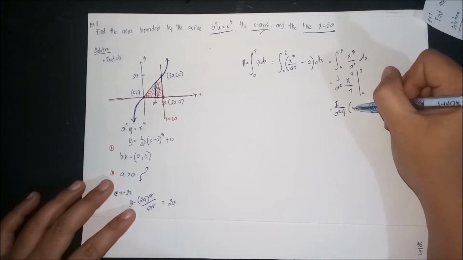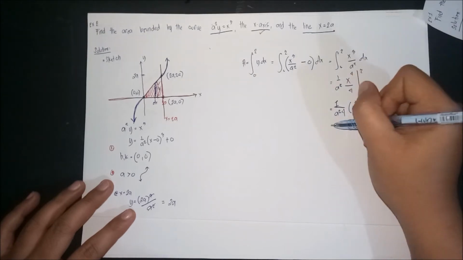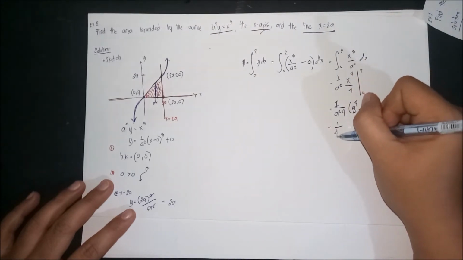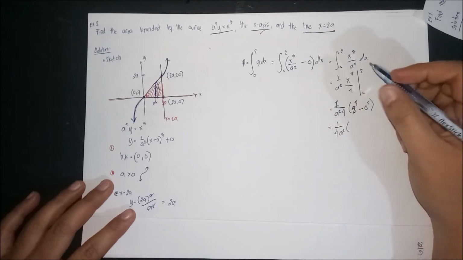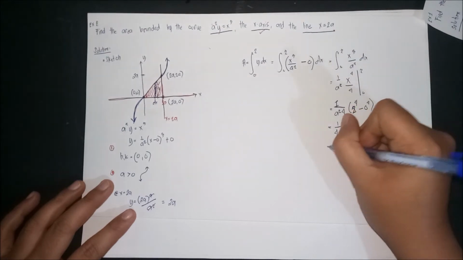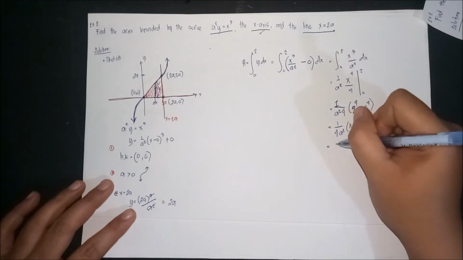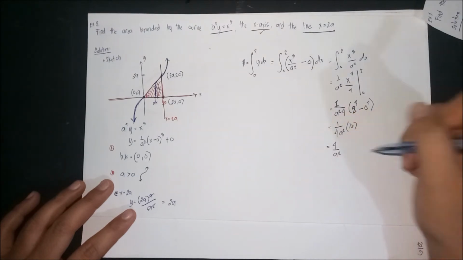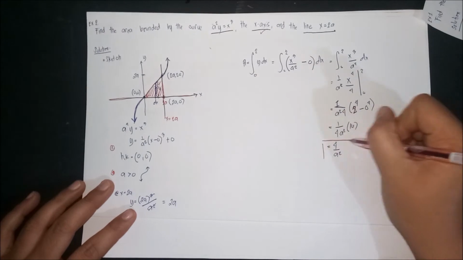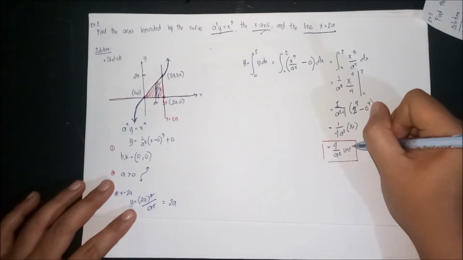This would be the upper limit to the power of 4 minus the lower limit raised to the power of 4, over 4a squared, times, let me write it, 2a to the 4 is 16a to the 4. Simplify, class, 16 divided by 4, that would be 4 over a squared. This is our final answer. So, the area of this, class, is 4 over a squared square units.